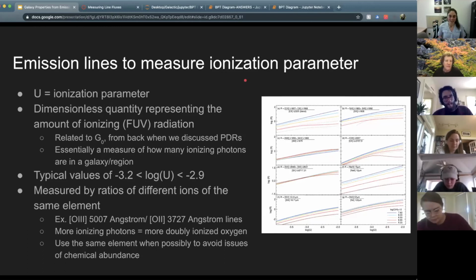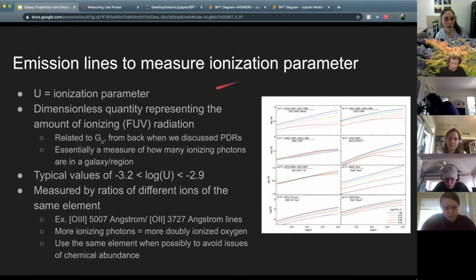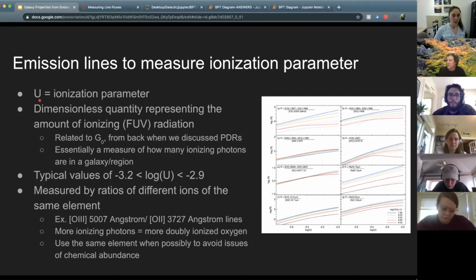But the next thing that we can think about measuring using ratios of emission lines is something we call the ionization parameter of a galaxy, which is typically represented by U. U is a dimensionless quantity representing the amount of ionizing radiation.